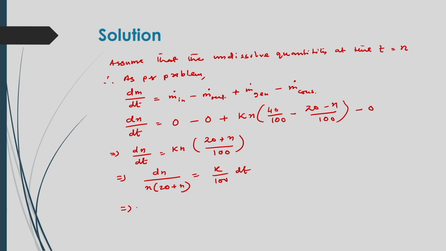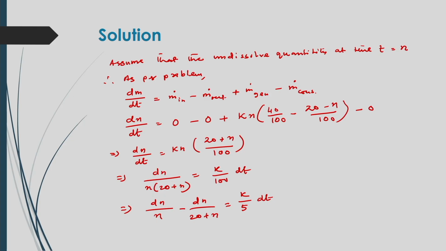Now, we can rearrange it as dN by N minus dN by (20 plus N) equal to k by 5 into dt. So, in this way we can rearrange it.